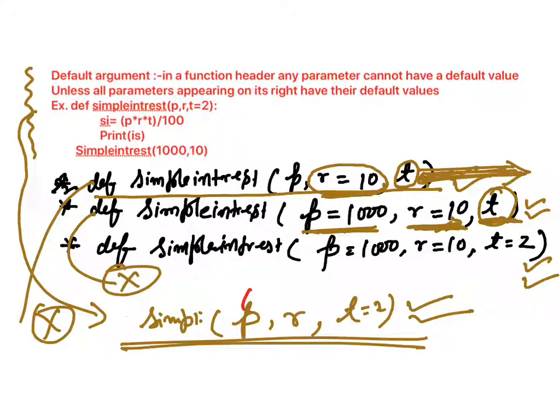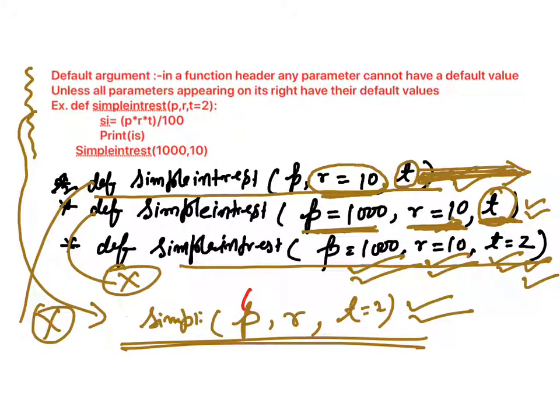Now you see the third one. If you want to give all the default values to the parameters, as you have given T equal to 2, R equal to 10, and P equal to 1000, then this is a correct example, because all are having the default values.